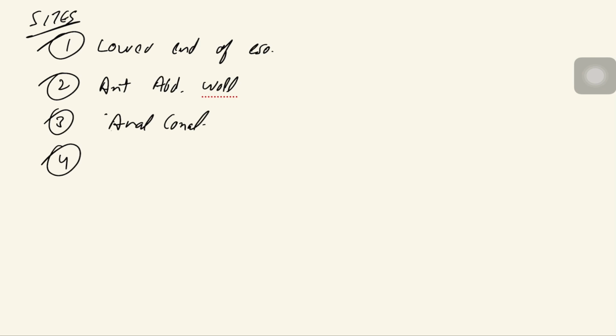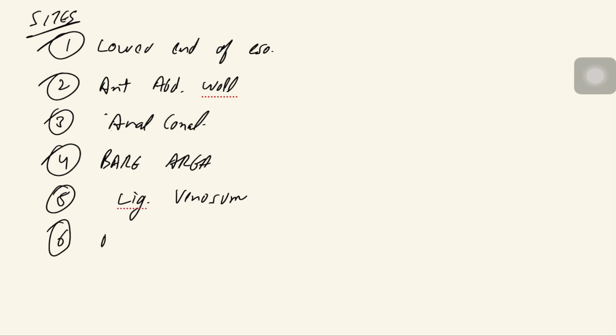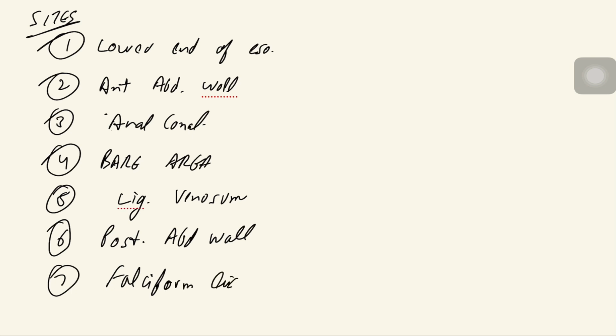The fourth site is bare area of liver. Fifth is ligamentum venosum. Sixth is posterior abdominal wall. The seventh is site of falciform ligament. So these are the certain sites.